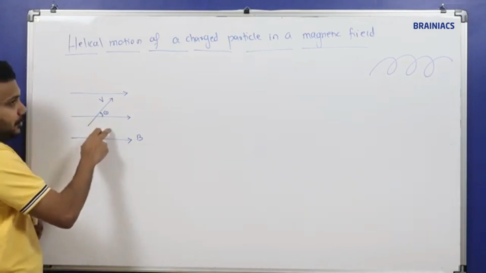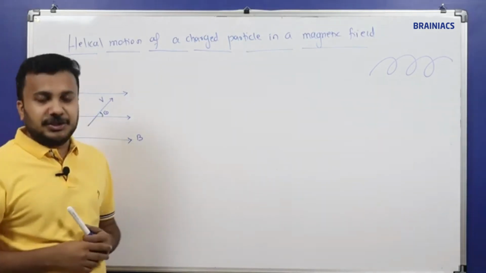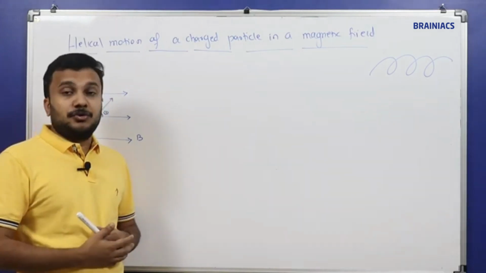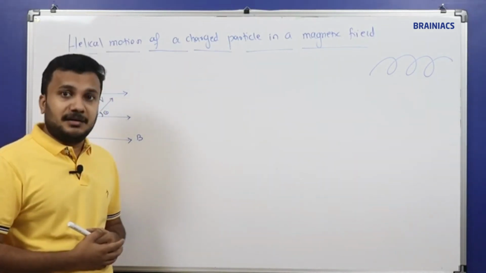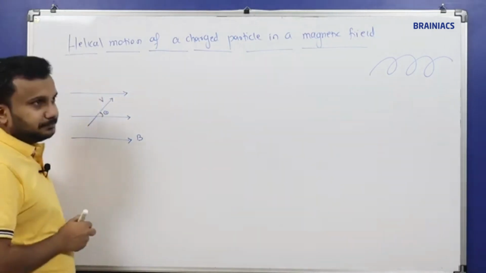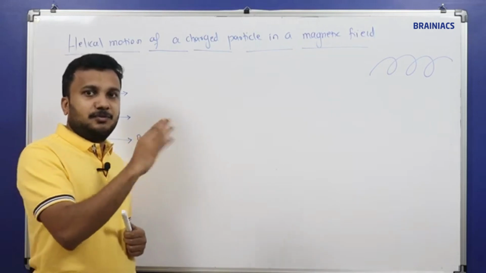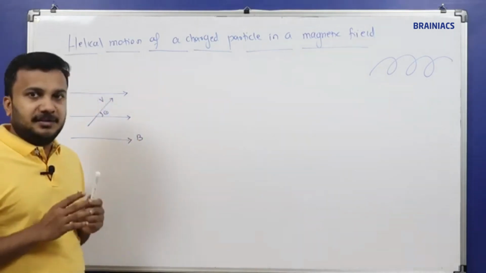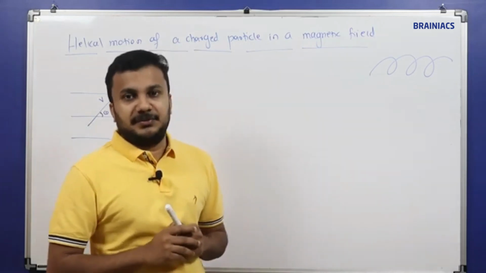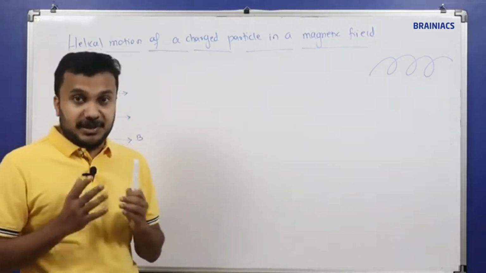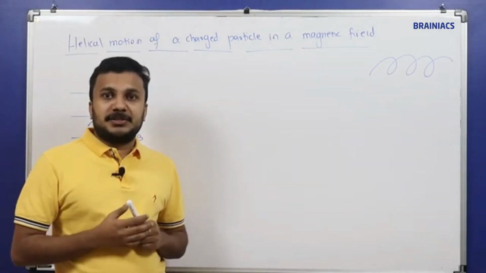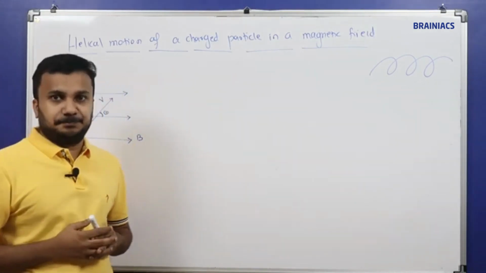Now, if the velocity is not along the x direction or the y direction, according to two-dimensional vector analysis, we can divide this into two parts, an x component and a y component. Any vector physical quantity occupying a space between the x and y axes can be split into two parts.